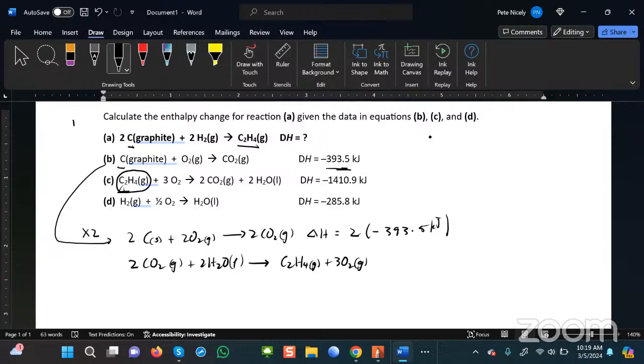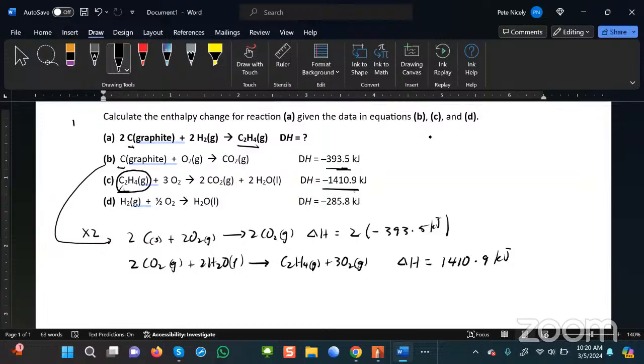And what does that mean for the delta H value? The delta H value would have to have its sign change from negative to positive. So delta H would be equal to, in this case, 1410.9 kilojoules. All right?